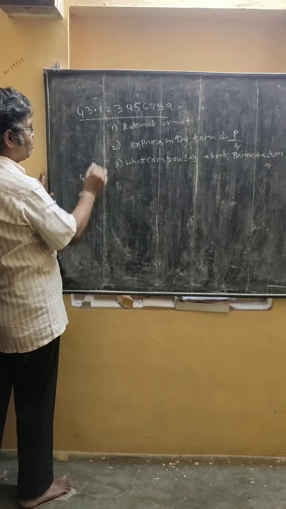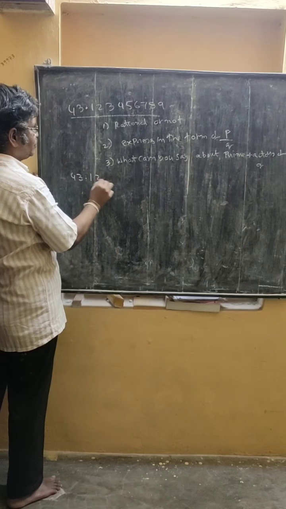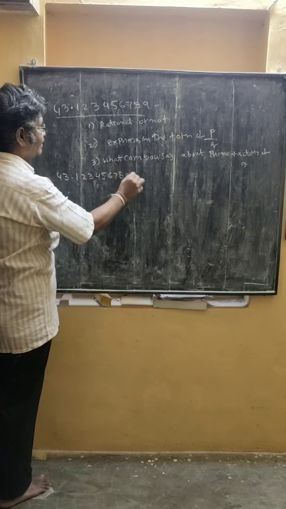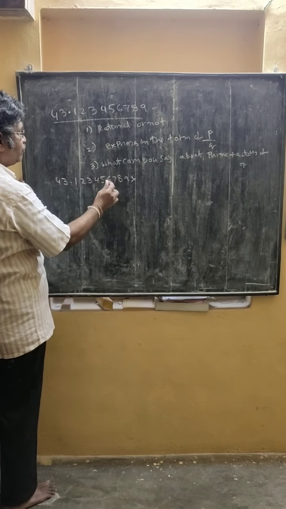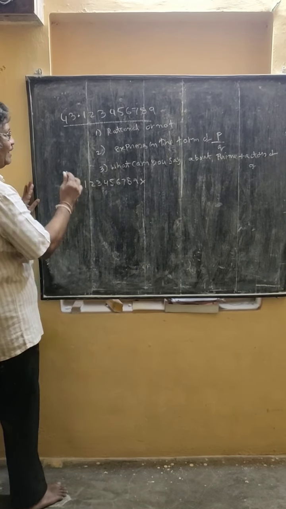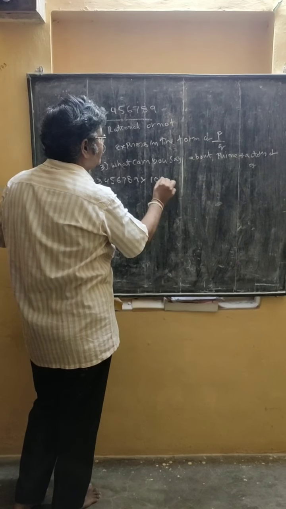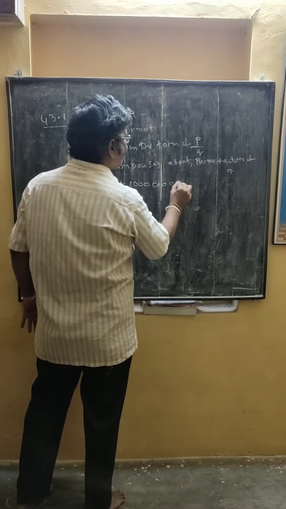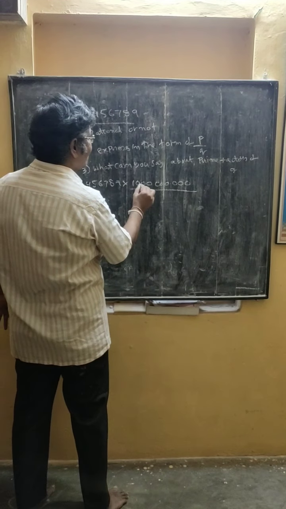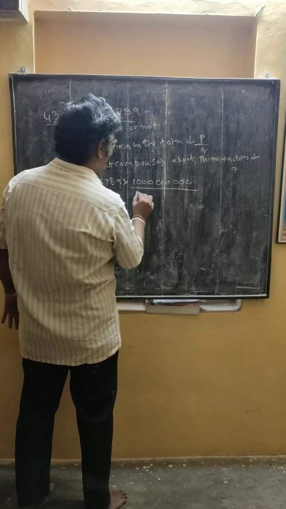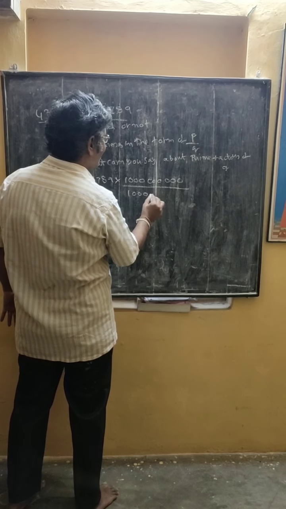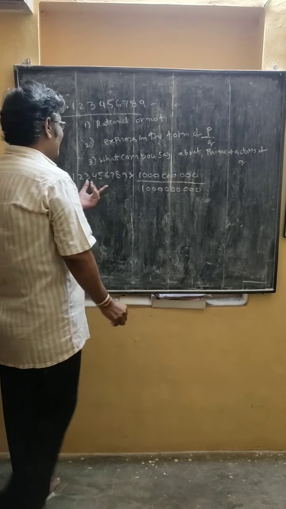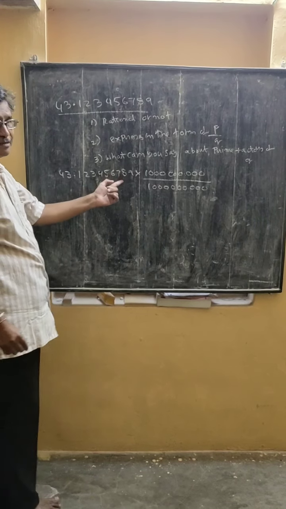43 point 123456789, first of all convert into p by q form. How many decimals should you remove? We have 9 decimals.